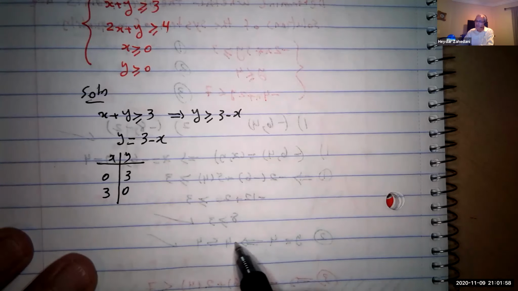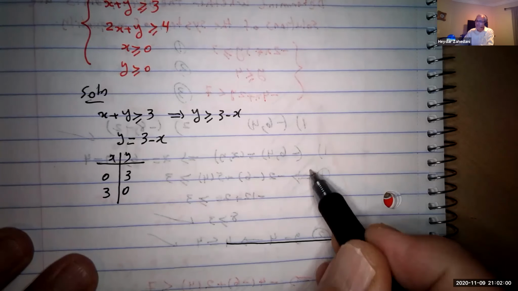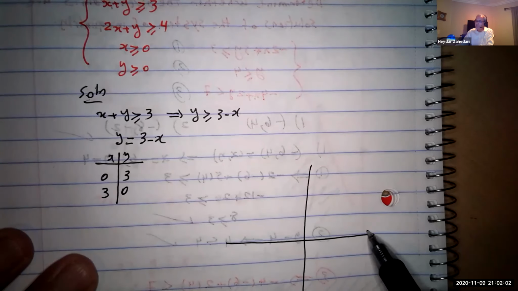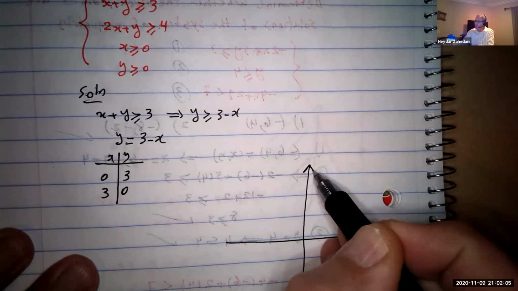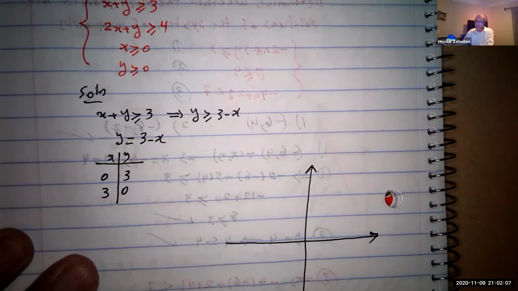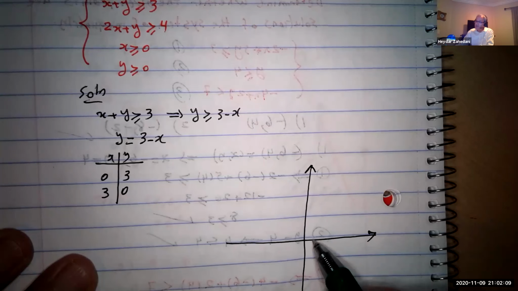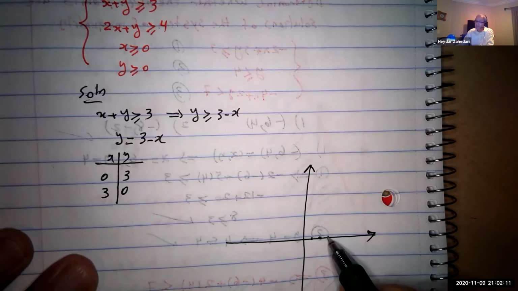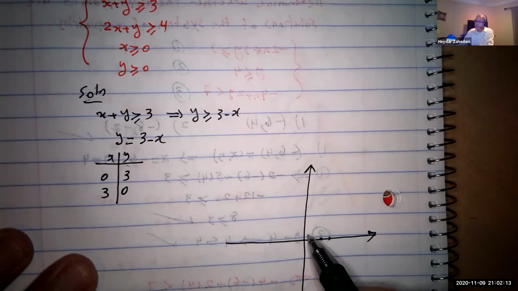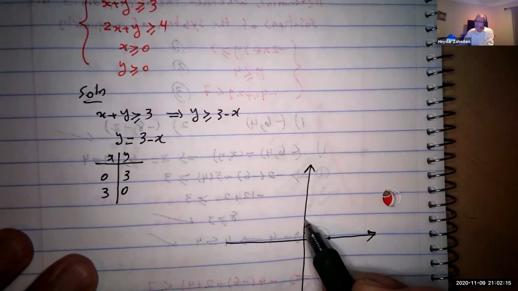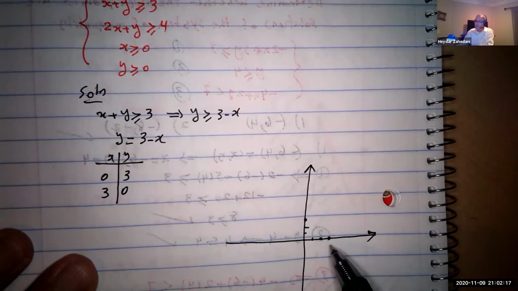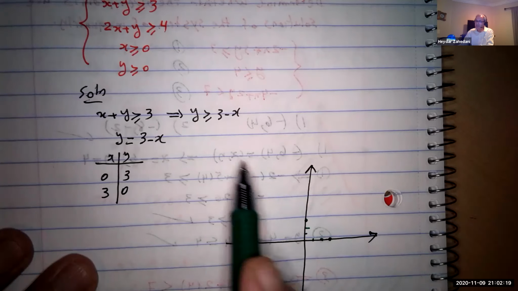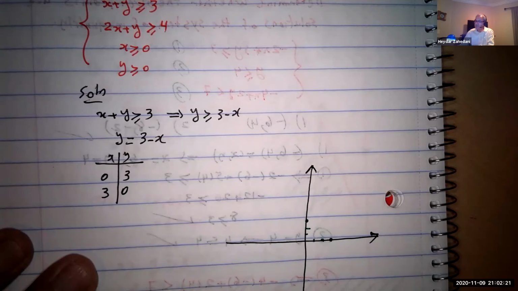Okay, graph this one. So what we have, 3 on the y-axis, and 1, 2, 3 on the x-axis. Identify these points, connect them together. You get the equality, so that must be a solid line.